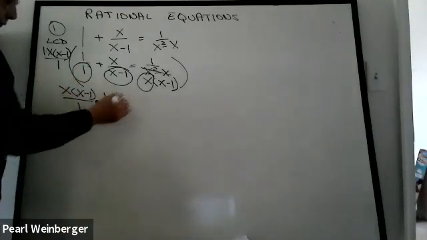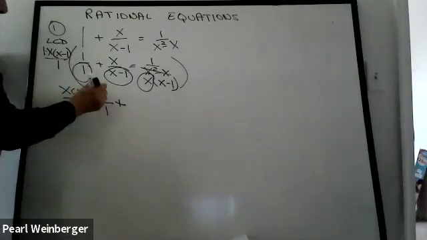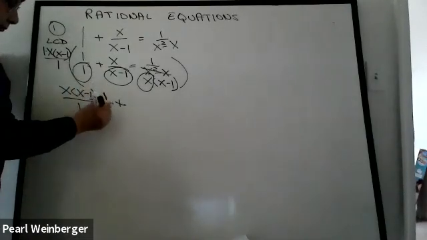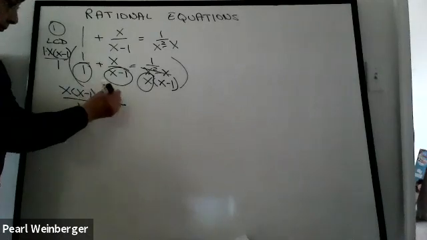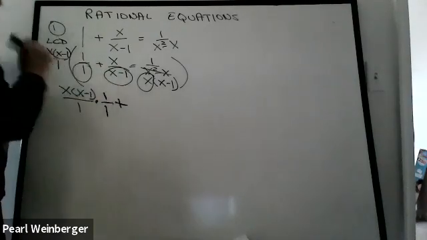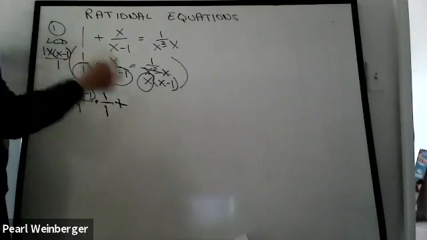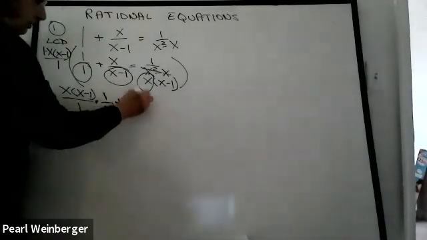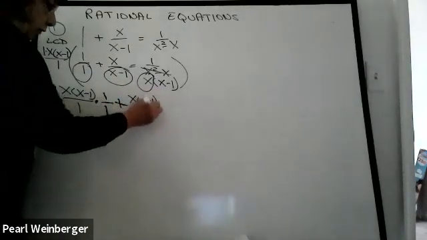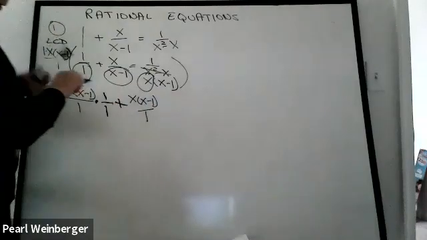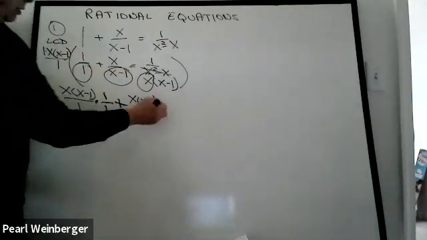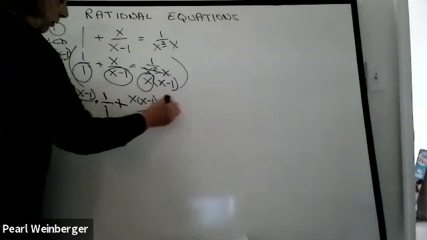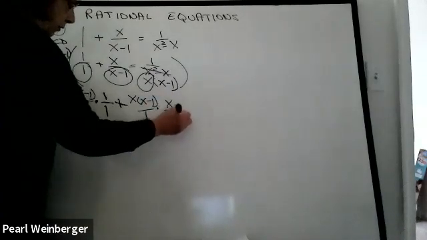Plus, now this is supposed to be in black, I'm sorry. Okay, here's our next one. The x times x minus 1 over 1 times x over x minus 1.